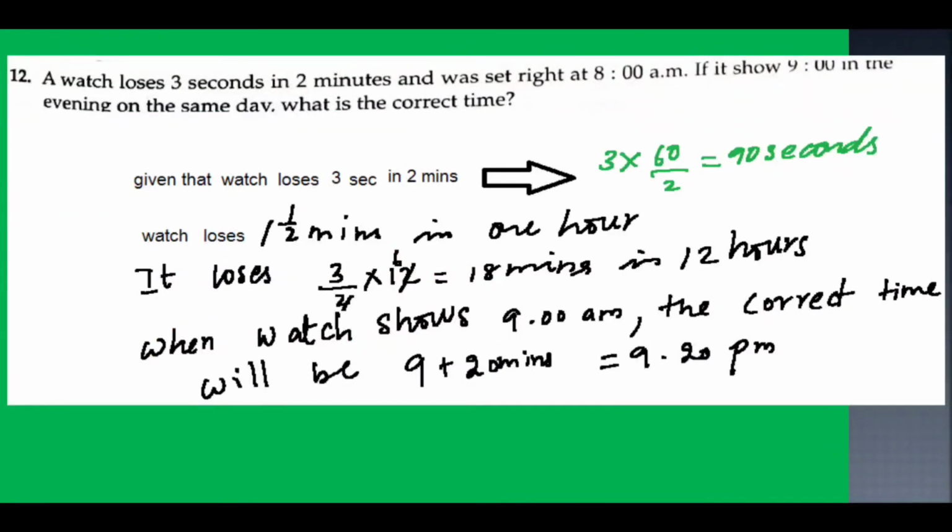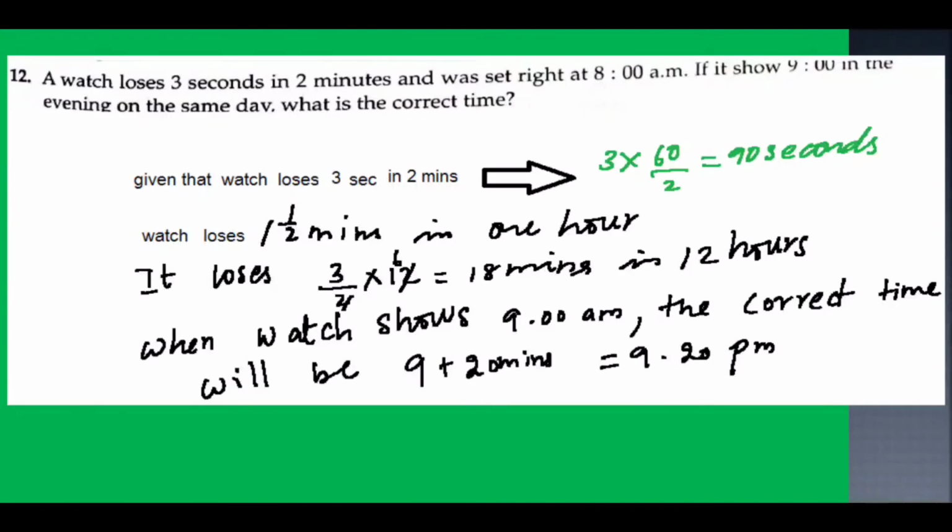A watch loses 30 seconds in 2 minutes and was set right at 8 a.m. If it shows 9 in the evening on the same day, what is the correct time? Given that the watch loses 3 seconds in 2 minutes.